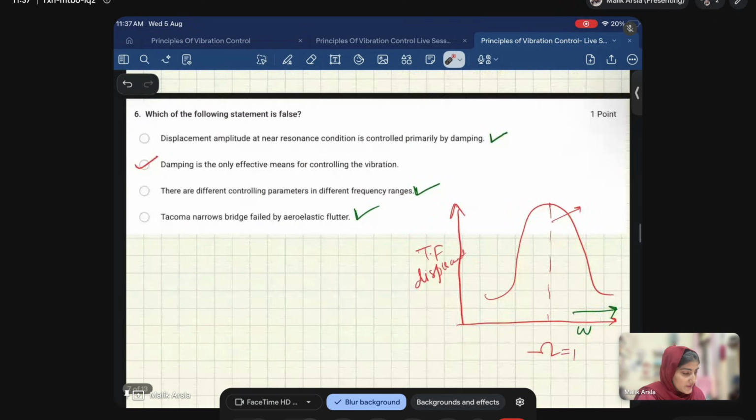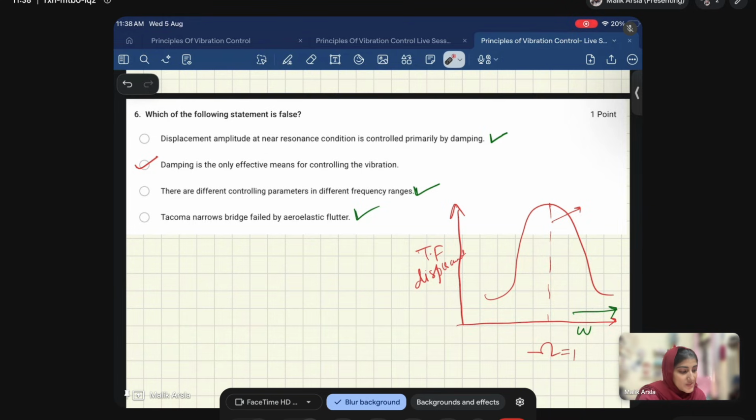Now moving ahead, which of the following statements is false? Displacement amplitude near resonance condition is primarily controlled by damping. Okay, we have also seen this graph before, and you can also derive it in a similar way as I did for stiffness. When there is near resonance condition, the frequency ratio will become 1.